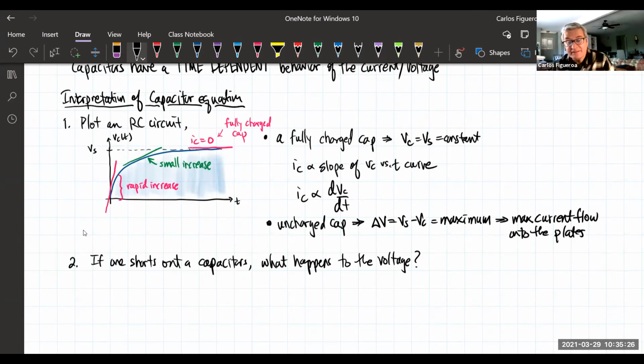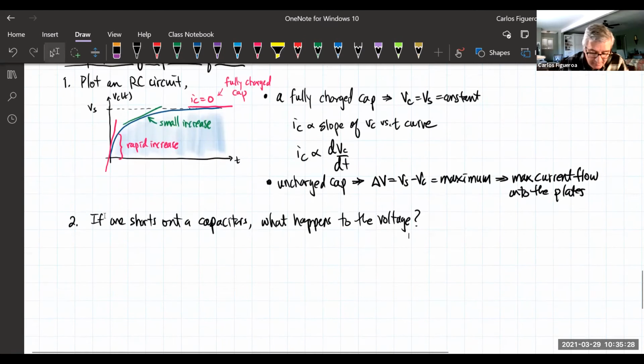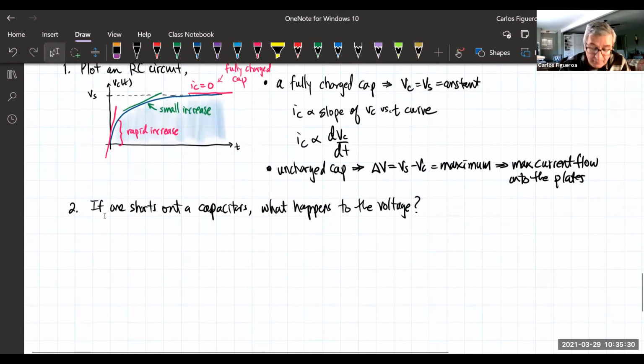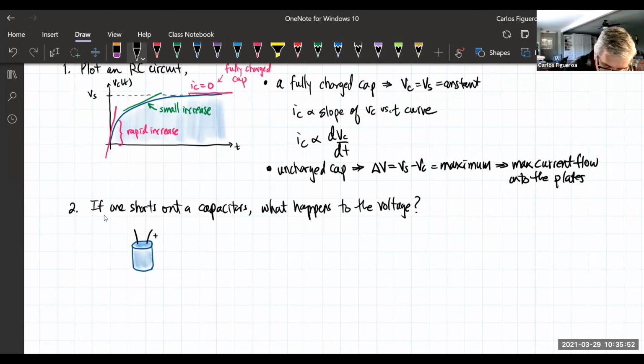What I mean by this is, typically, when you look at a capacitor, what does a capacitor look like? I could say, if I think about a radial capacitor, what you typically have is two wires.